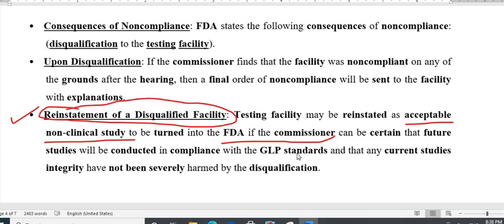Then they reinstate it, that is, give the permission to do the work.